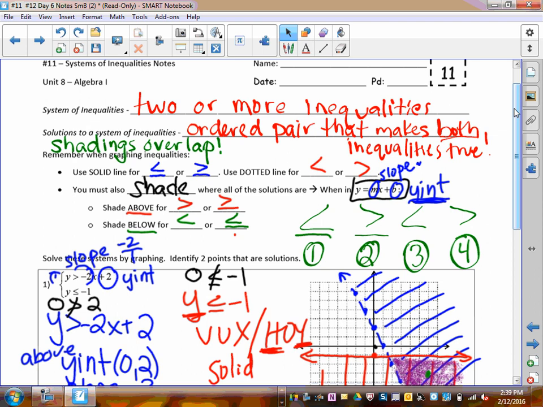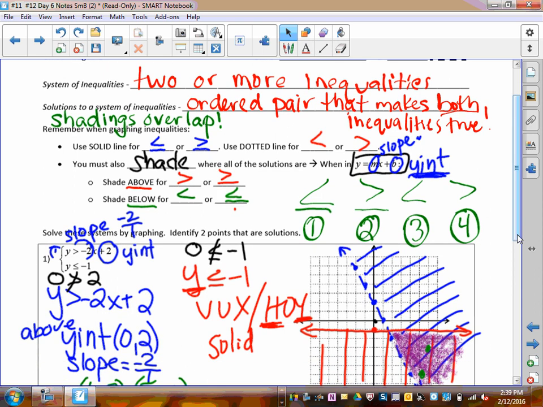Below, maybe your little sibling is below you in authority. I don't know if that helps out. So greater than is above, below is less than. Okay? For this next part, I want everyone to stand up and come up to the front here.